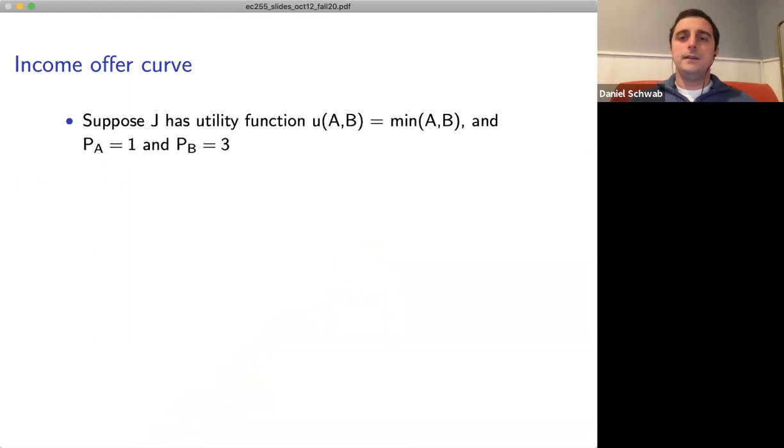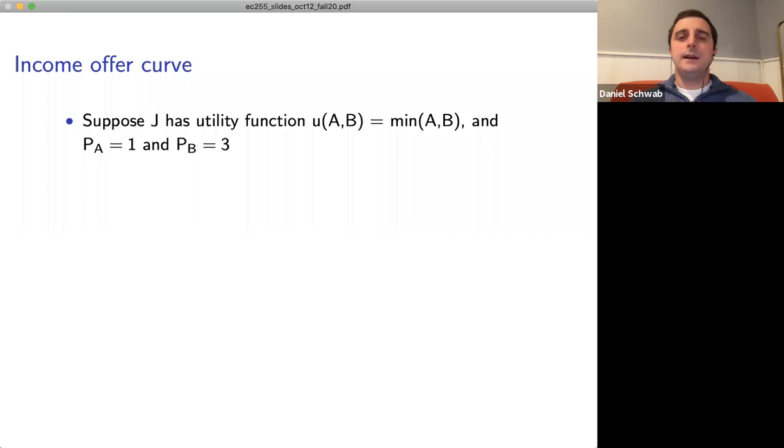In this example, we see that J has a utility function of the minimum of A and B, and the price of apples we assume is 1, and the price of bananas is 3. Remember this utility function. This is something that we've seen before. This is the perfect complements utility function. The example we've used a lot in class is a right shoe and a left shoe.